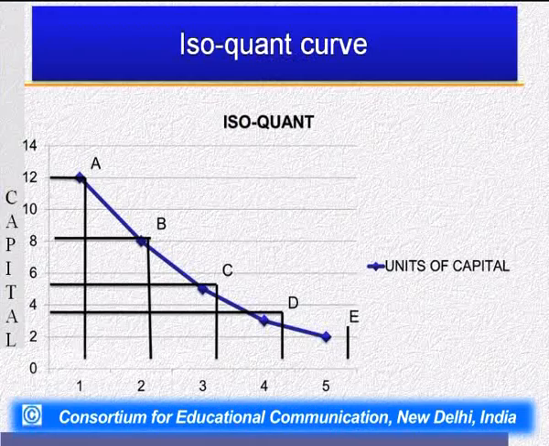But on the same curve, any combination, either A, B, C, D, will give the same output level. So here the isoquant curve represents different combinations with the same level of output.